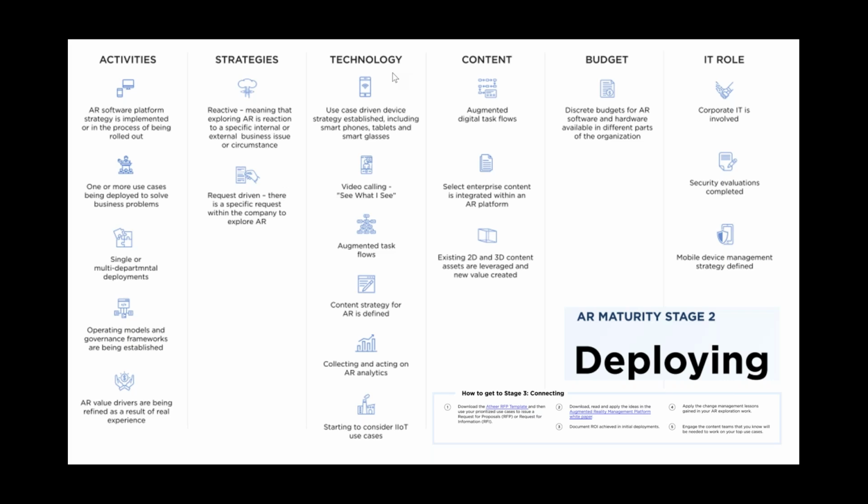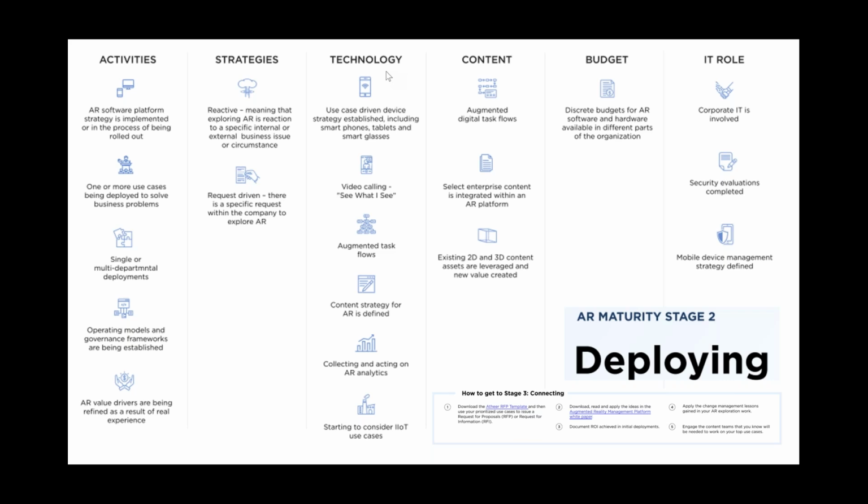But your activities do start to change. You start to think about, okay, do we have an operating model? Do we have a governance framework for this? Have we defined what the metrics are going to be for success going forward? We knew what it was in the proof of concept, but as we deploy more broadly and have more use cases, how are we thinking about that?